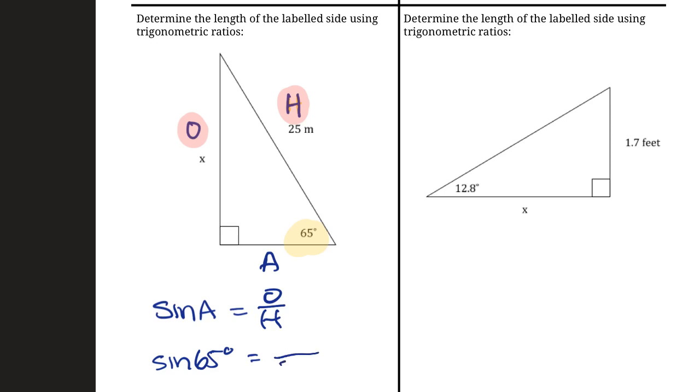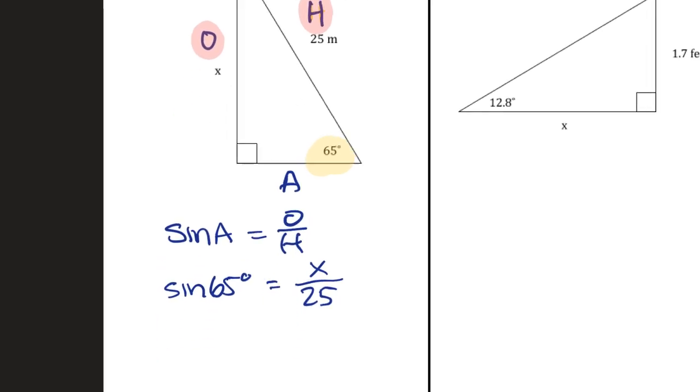So instead of H, we're going to put 25. And also, O, we know that that's the X we're trying to find. So that's it, X. So what we have right now is an equation that we can just solve for X. X is that missing side, so once we've done that, we basically have our answer.